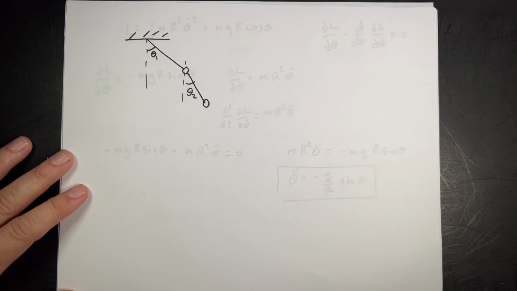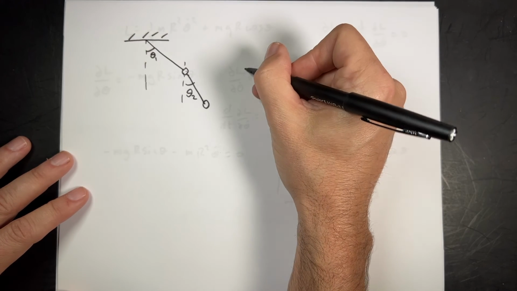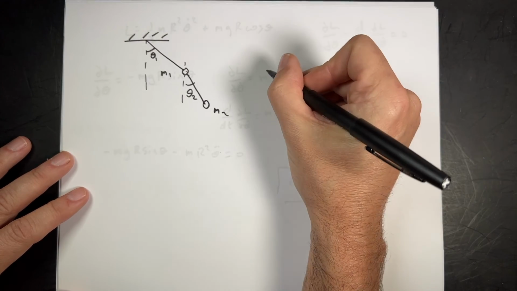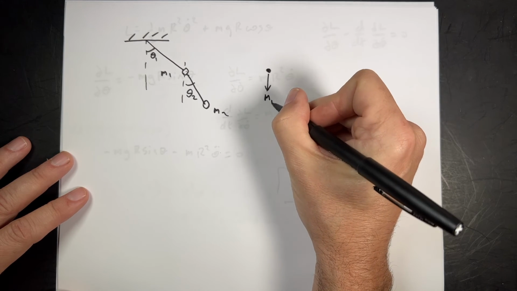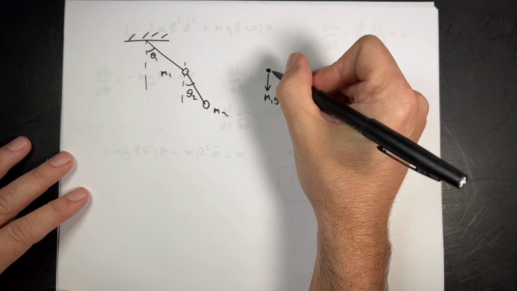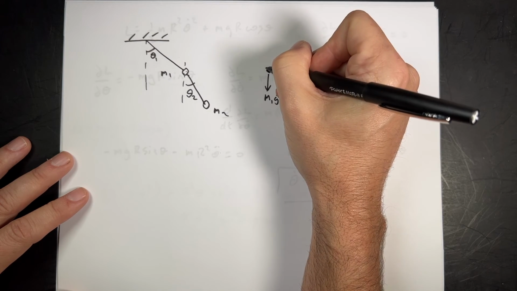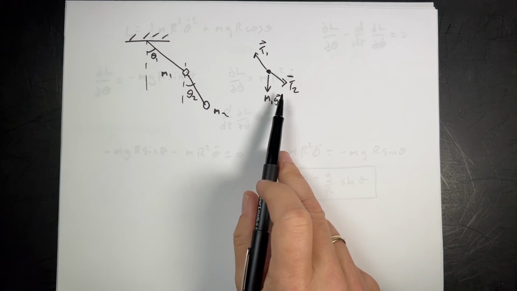If you use Newtonian mechanics, you're in trouble, right? Because if I look at the forces on mass 1 and mass 2, mass 1 is going to have a gravitational force, m1g. It's going to have a downward pulling force, T2. It's going to have an upward pulling force, T1. It has two tensions, and I don't know either of those.